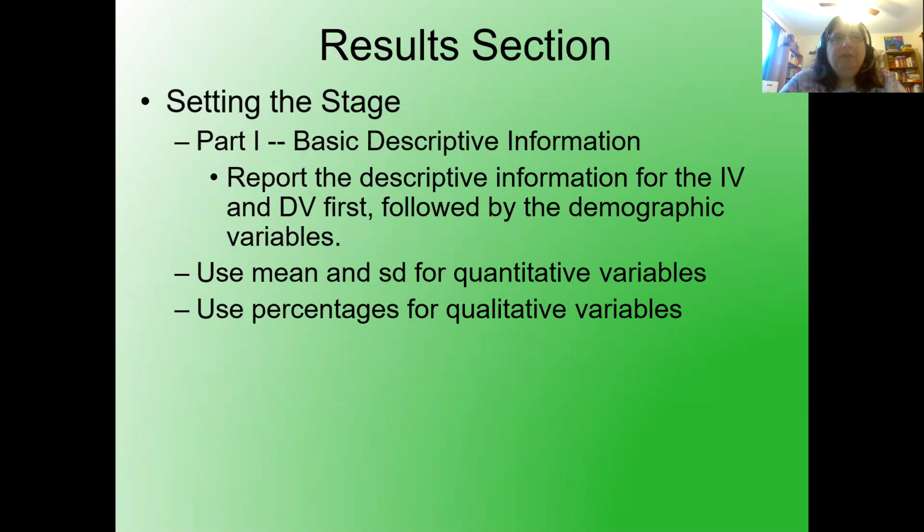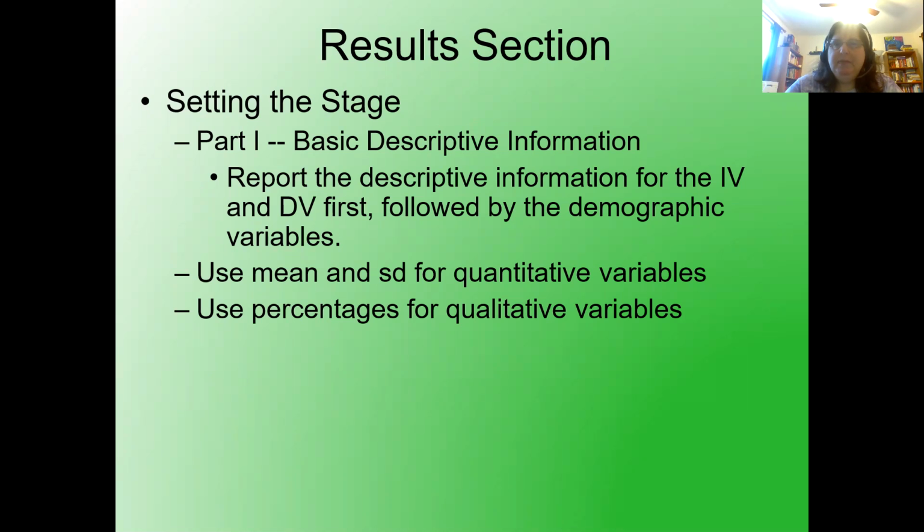So let's start by setting the stage. How do we set the stage? Okay, so for part one, we're going to use some basic descriptive information. You're going to report the descriptive information for the independent variable and the dependent variable first, followed by the demographic variables that you included. So you're going to use mean and standard deviation for quantitative variables.